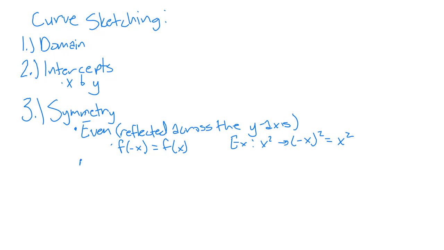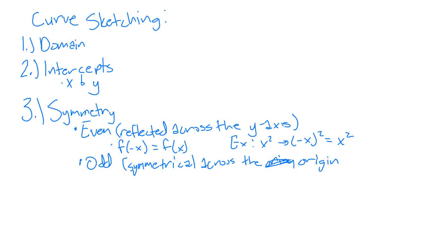Another type of symmetry is odd symmetry, and this is symmetrical across the origin. The way I also like to think about it is being reflected across y equals x, with some sort of 180-degree rotation or symmetry around there.